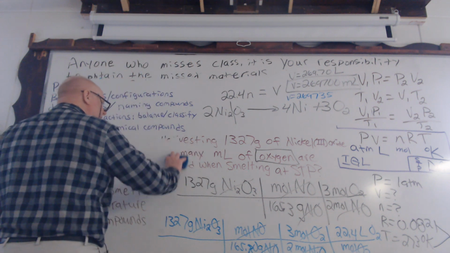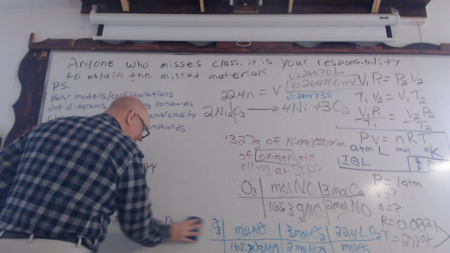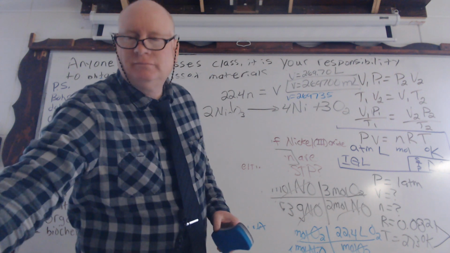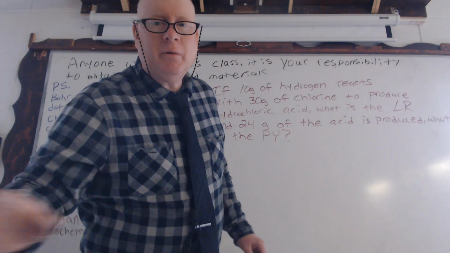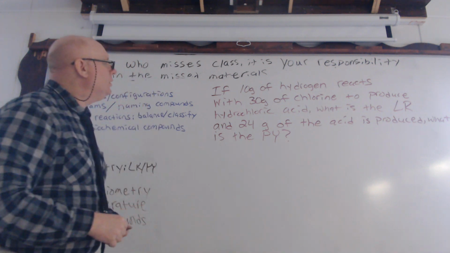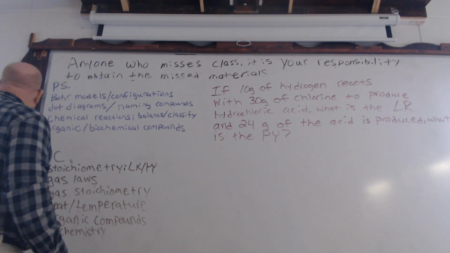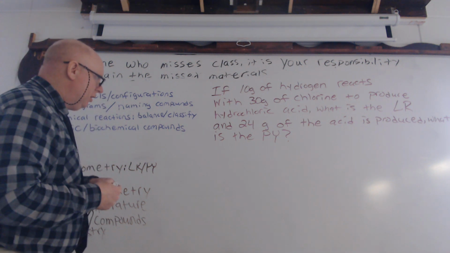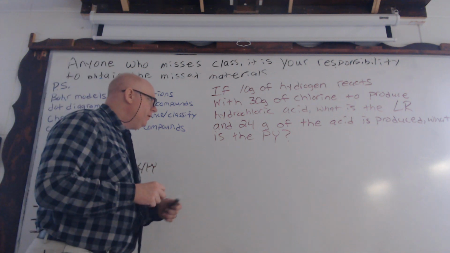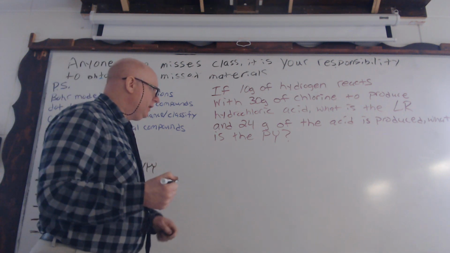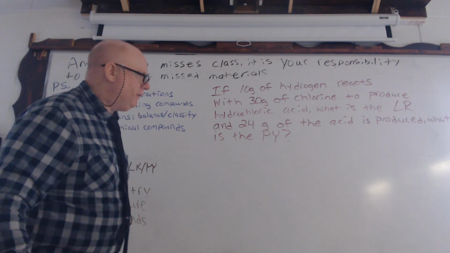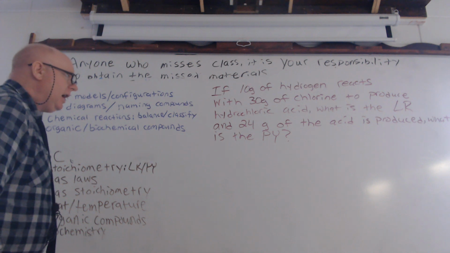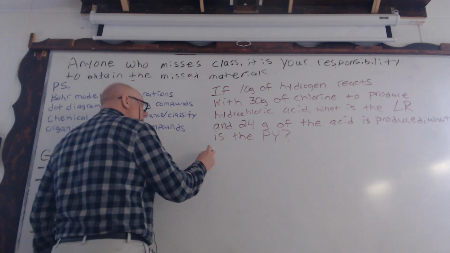Moving forward then. Limiting reactant and percent yield. Okay, we just stated that we really don't know how well we would do with this limiting reactant percent yield problem. So this can be confusing if we don't look at this beforehand, and that's why we're doing this now. So hydrogen reacts with chlorine.